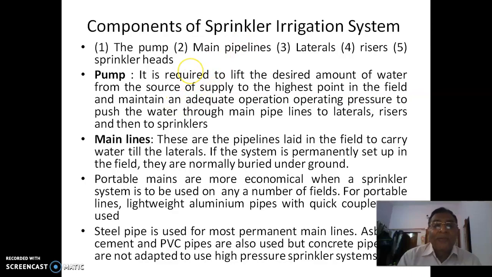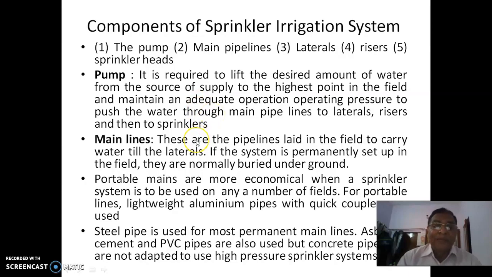So it is required to lift the desired amount of water from the source of supply to the highest point in the field and maintain adequate operating pressure. This pressure is very important in sprinkler as well as drip. It pushes the water through the main pipelines, laterals, risers, and then the sprinklers.